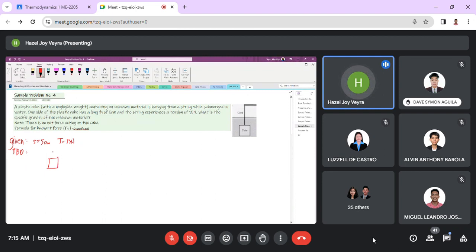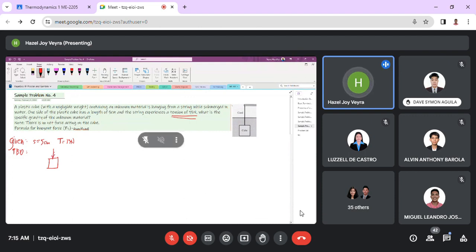So what are the forces acting on the cube? First, ano yung sinabi sa atin, no? We are given the tension. And what is the direction of the force for a tension? Is it upward or downward?